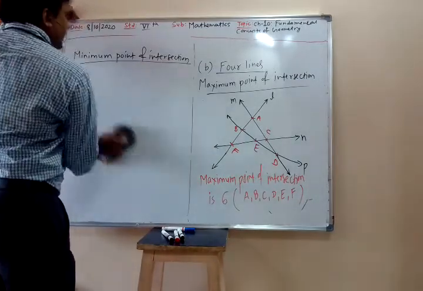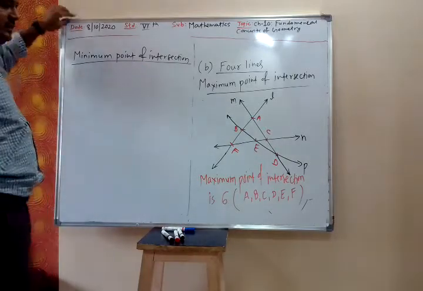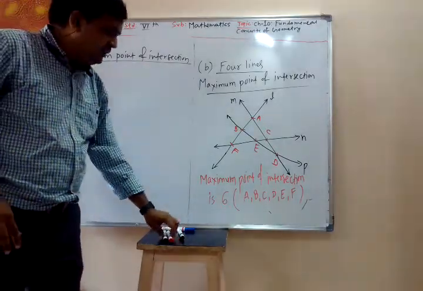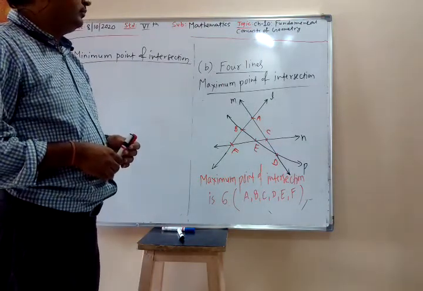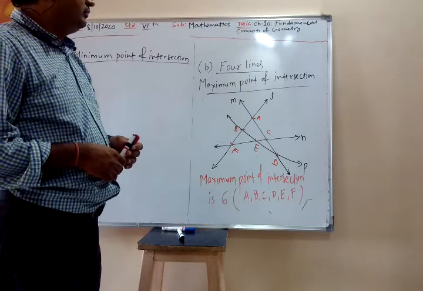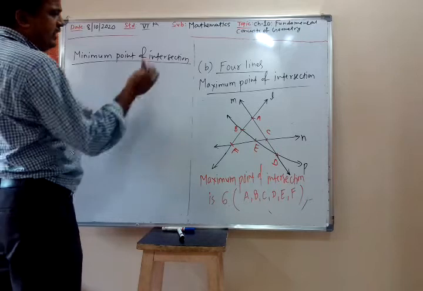So for four lines, the maximum point of intersection is 6. Now let us consider: you can take 3 lines anyway.